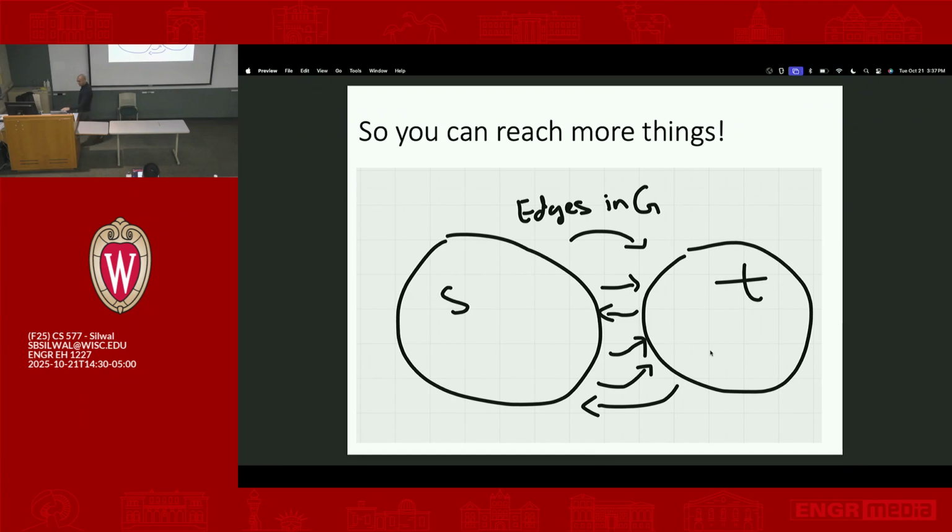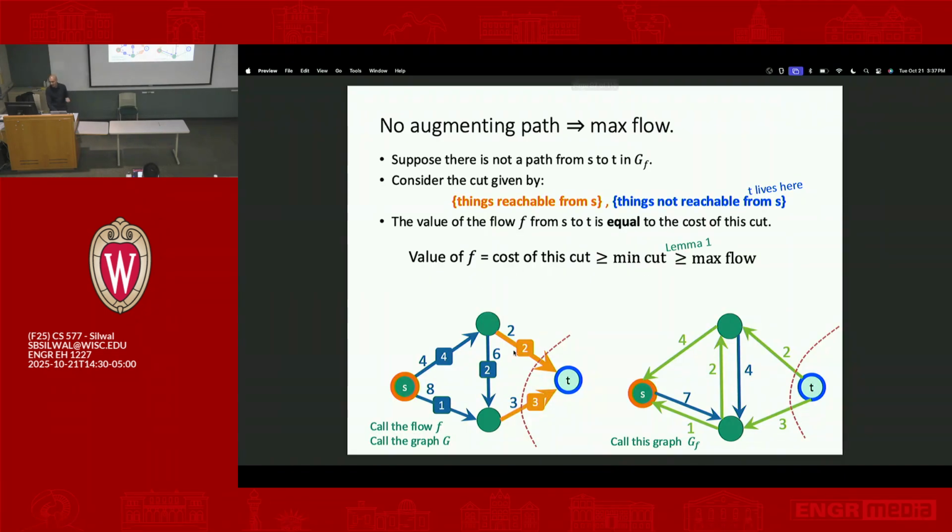So what that proves is the value of the flow that I found is exactly equal to the size of this cut. This specific cut is at least as big as the minimum cut, right? Because the minimum cut is the smallest cut. But the very beginning thing was that the minimum cut is larger than the max flow, right? But this flow that I found cannot be bigger than the maximum flow.